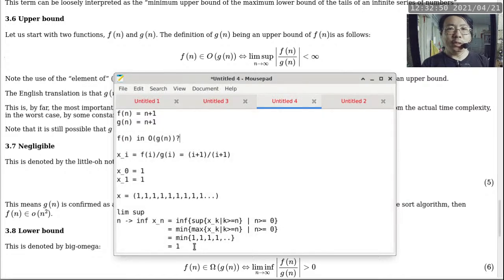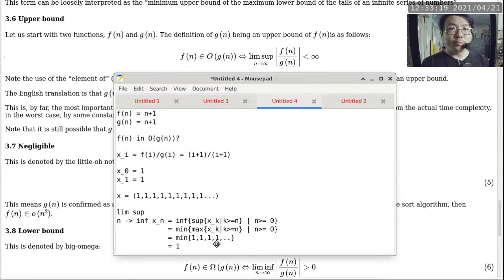Do you think 1 is less than infinity? Of course it is, right? And since 1 is less than infinity, then we go, oh, okay. So in this case, f of n is an element of big O of g of n. So that seems to be pretty easy.